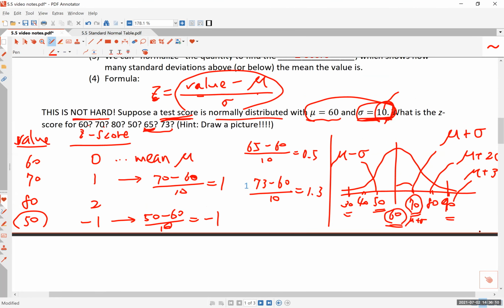So the z-scores for these happen to be 0, 1, 2, -1, 0.5, and 1.3. Basically, all you're asking is how many standard deviations above the mean these numbers are. And the z-score is going to give you the answer. The picture, I think, will be very helpful.